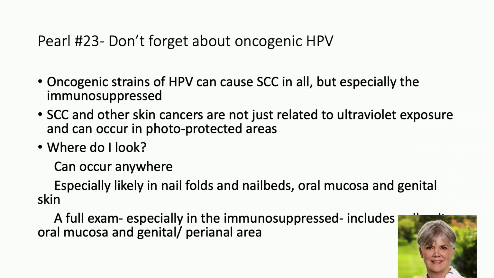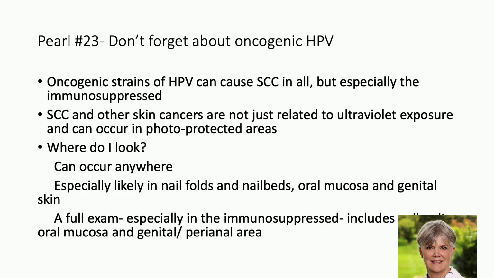All right, and don't forget about oncogenic HPV. Not all skin cancer comes from the sun. We all are exposed to oncogenic HPV. It's just a matter of luck, whether or not your body fights it off or whether it is a problem. And if you are immunosuppressed, it is definitely more likely to be a problem.